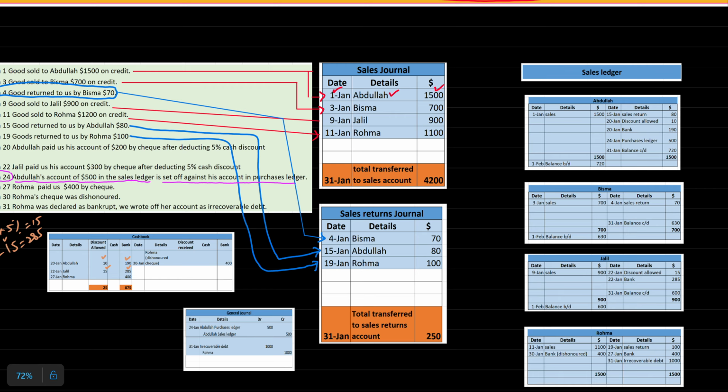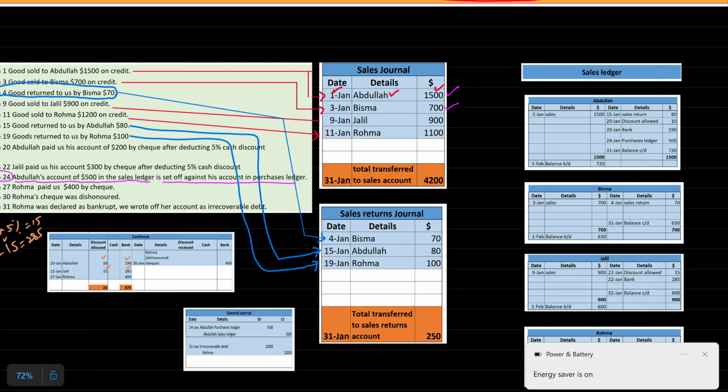All goods sold are first of all recorded in the sales journal, as we have already recorded: goods sold to Abdullah recorded in the sales journal, goods sold to Bisma recorded in the sales journal, goods sold to Jalil recorded in the sales journal. After recording in the sales journal, these are posted to their accounts.